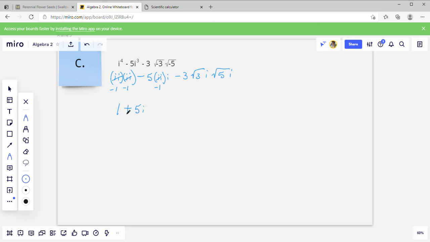Okay, right here, 3 times the square root of 3. Let's see, 3 times 3 would be 9. Negative 9i. And that would be square root of 5. Oh, we have to multiply that times that. So that would be, hang on. Alright, 3 times 5 is 15.